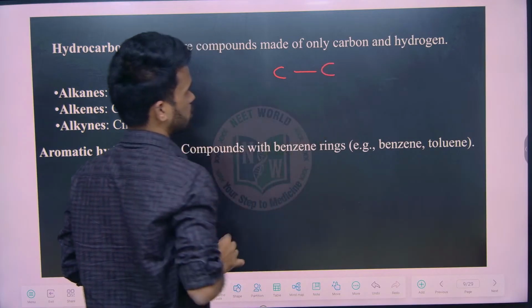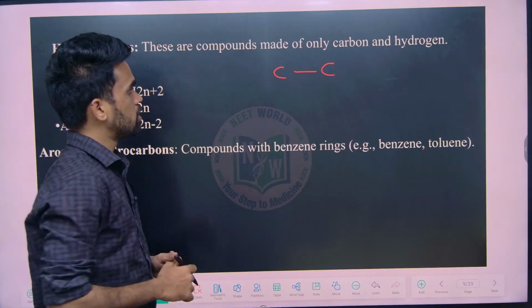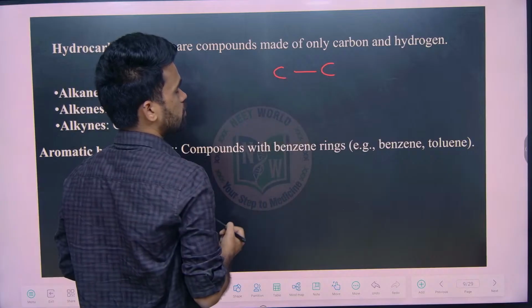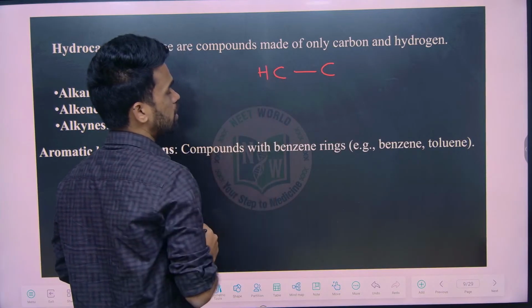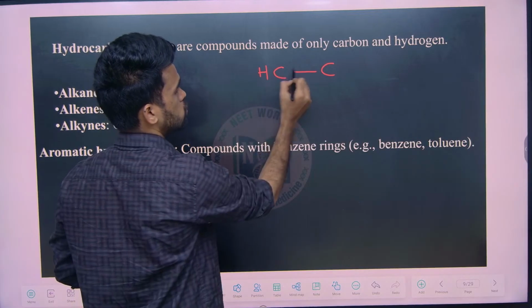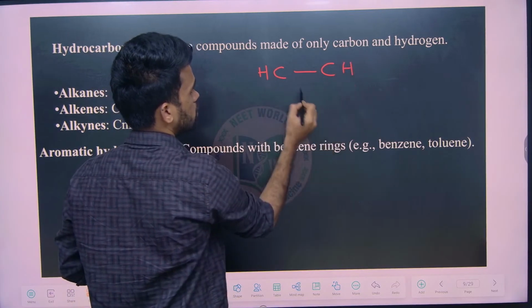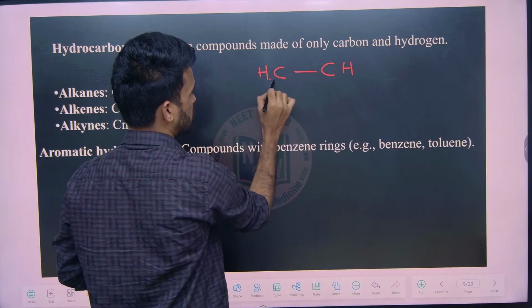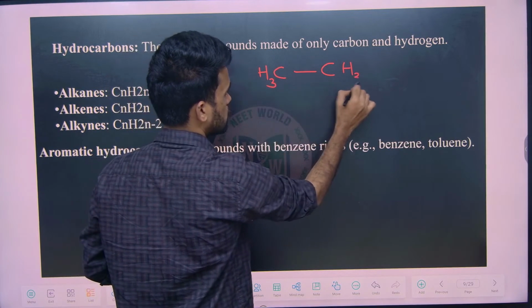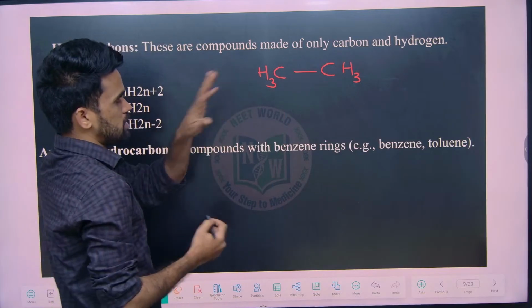Here I am writing, with 2 carbons, a C-C bond is there, and along with that hydrogens should be there. There should be only one C-C sigma bond, and the remaining valencies of carbon should be balanced by hydrogens like this.